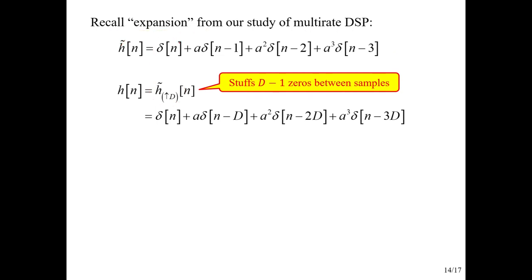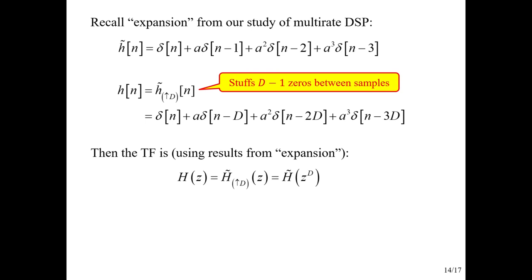So here we have a 1 followed by an A followed by an A squared. Here we're going to have a 1, and then there's D minus 1 zeros. And then we get an A. And then there's D minus 1 zeros, and we get an A squared. And then there's D minus 1 zeros, and we get an A cubed. So that's exactly what we've done.